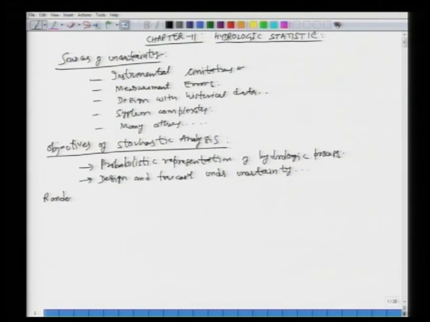What is a random variable? As the name suggests, it is some physical variable which has uncertainty involved in it, which is random in nature. That is as simple as that, but that is for a layman.